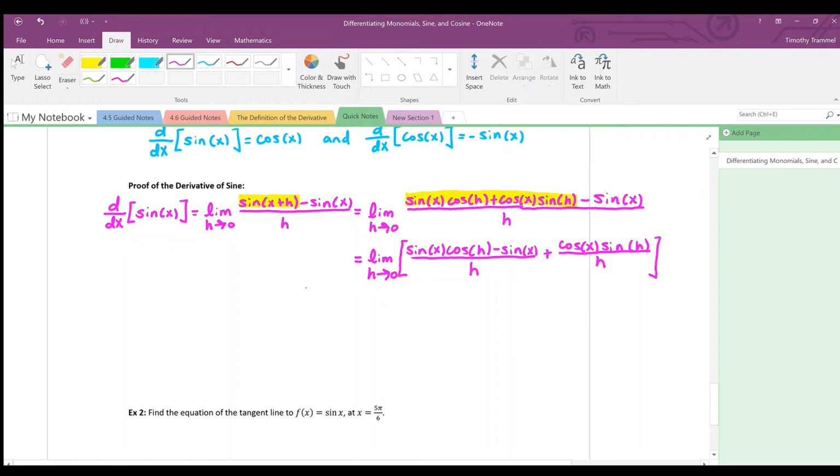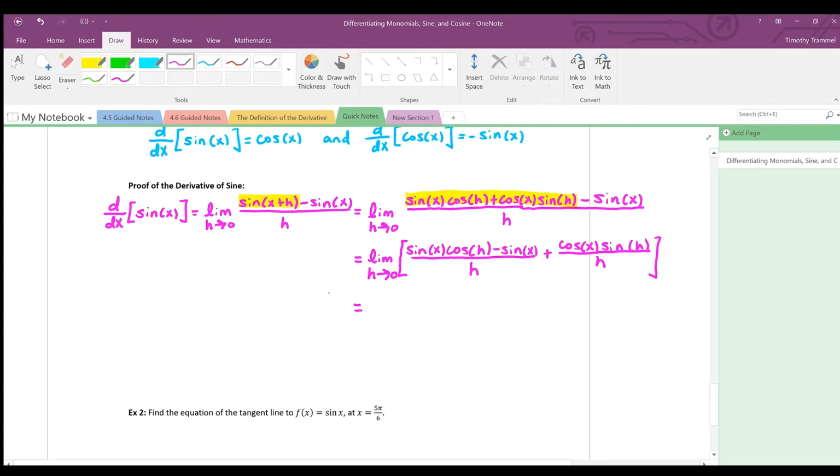All right, and then we have the limit of a sum. So instead we're going to look at each one of those parts of the sum and take the limit of them separately. And we're going to do a little bit of factoring in the process here as well. So note that sine of x in itself, there's no h's in it, right?